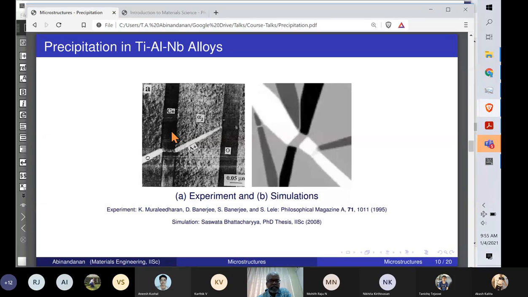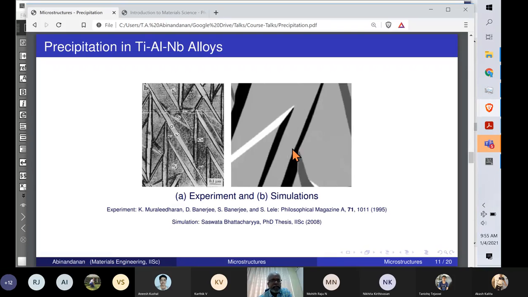And again, in the same class of alloys, again from the same work done by Muralidharan and Banerjee and others, one could get all kinds of other interesting features, and those are also reproduced at least at some level in our simulations. Right, so yet another set of microstructures from the same alloy at a different time.